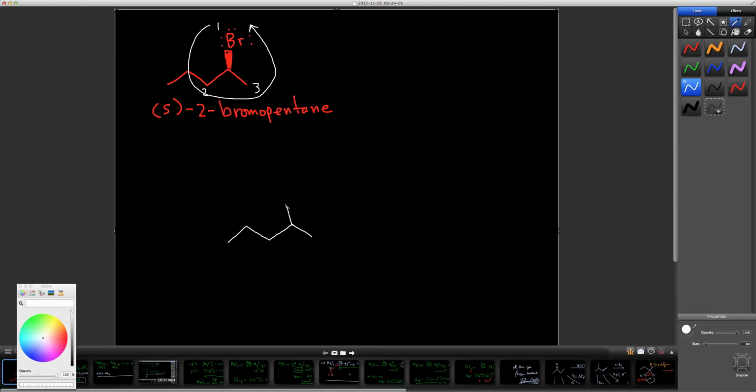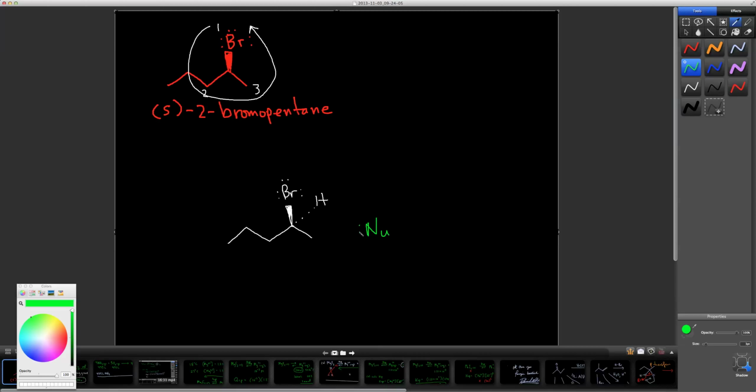If we were to have a mechanism in which we had attack of a nucleophile in the first step, let me draw all the details. So we have a nucleophile that attacks and makes a bond.